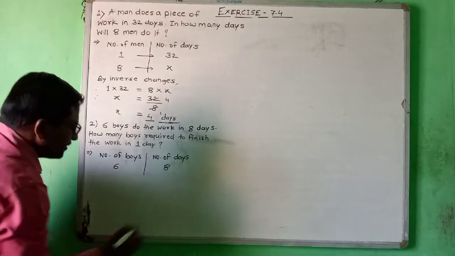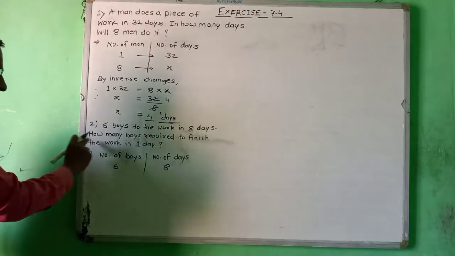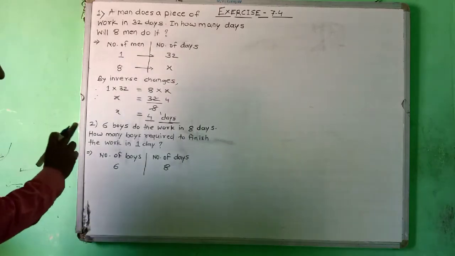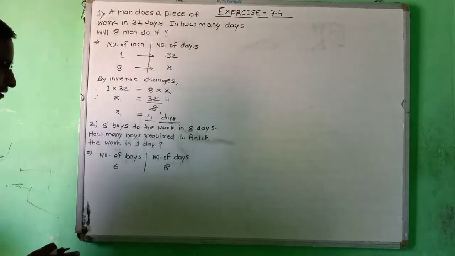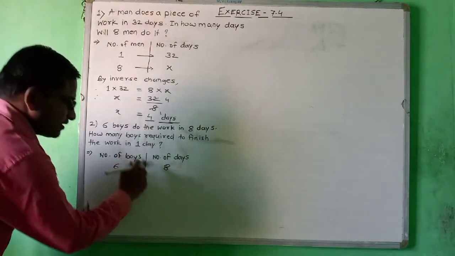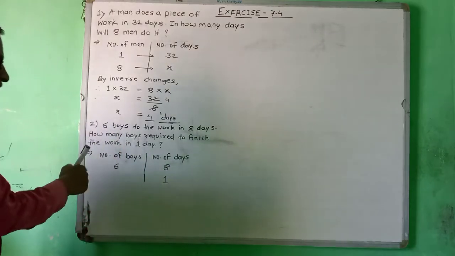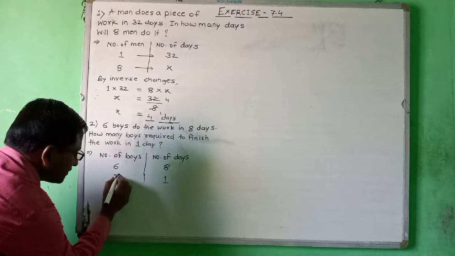Then, how many boys are required to finish the work in one day? Here number of days is given, 1, and number of boys is not known, so write x.